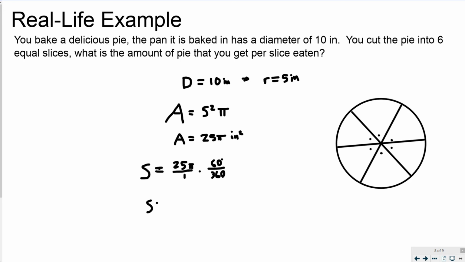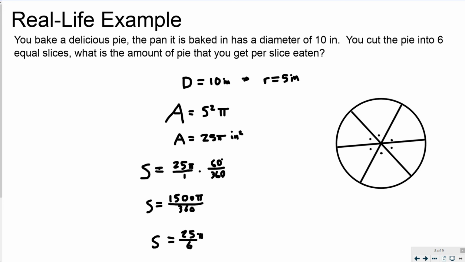So then S is going to be equal to 25 times 60 pi. So 25 times 60 and attach a pi at the end. 1500 pi over 360. So S is going to be equal to 1500 divided by 360 is 4.16 repeating, and as a fraction that would be reduced to 25 over 6.